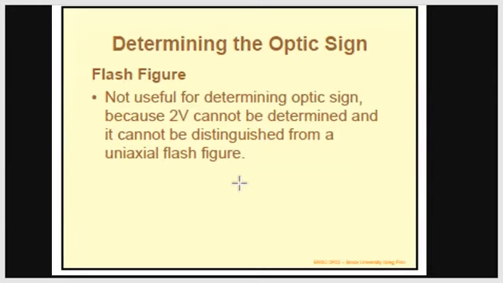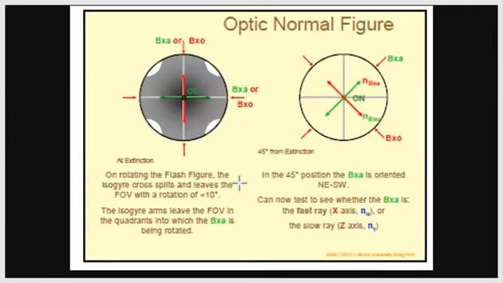In the case of the flash figure, there is a fourth one. It's not useful for determining the optic sign because the 2V cannot be determined and it cannot be distinguished from the uniaxial flash figure. You can see that it is going to be a section parallel to the optic axial plane, and perpendicular to this is going to be the optic normal.